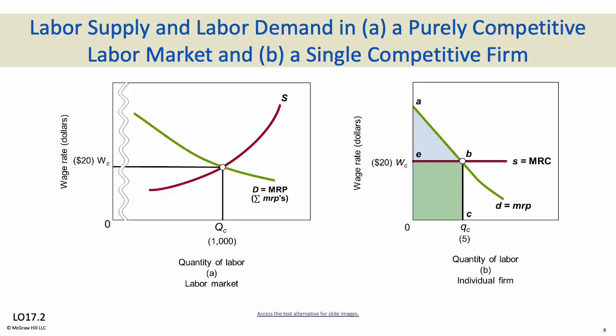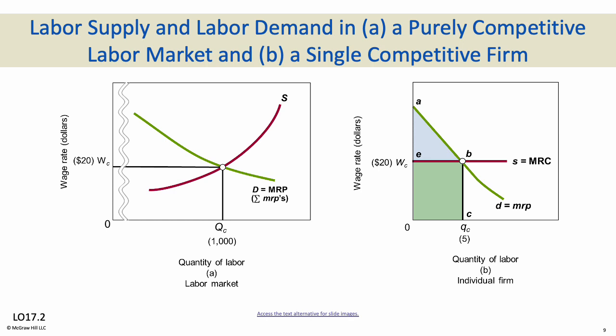And we can take a look right here. So these graphs demonstrate the labor supply and labor demand in a purely competitive market and a single competitive firm. In the individual firm, the labor supply curve is represented by a horizontal line because it is perfectly elastic. The labor demand curve for the individual firm is downward sloping, reflecting the fact that to attract more workers, they must pay more.